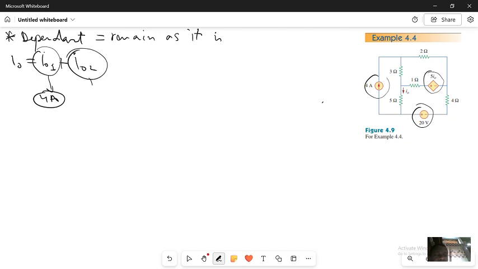I02 is contributed by the 20 volt source. It's up to you: you can take this one as the one contributed by the 20 volt source, or you can take this one as the one contributed by the 4 ampere source. Now, to determine I01, let me turn off this one, since I have to turn off this one.